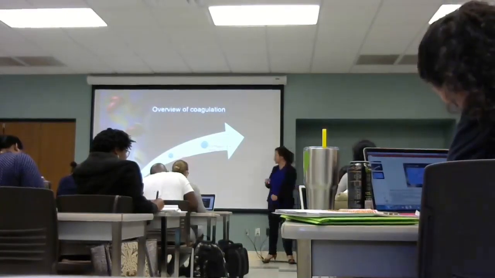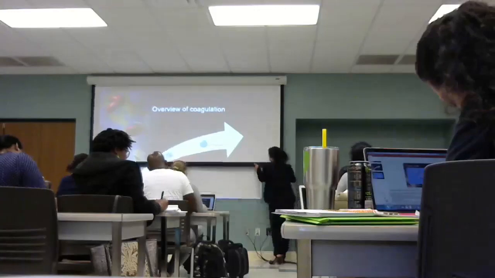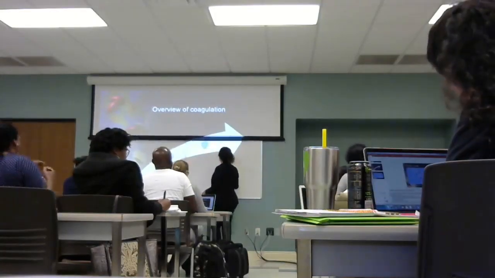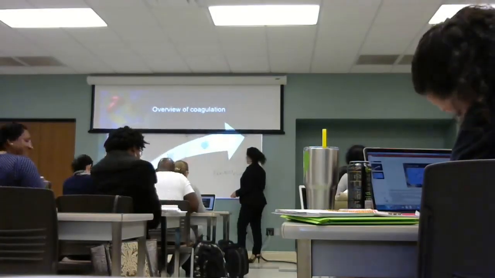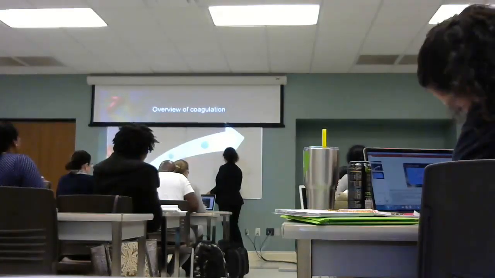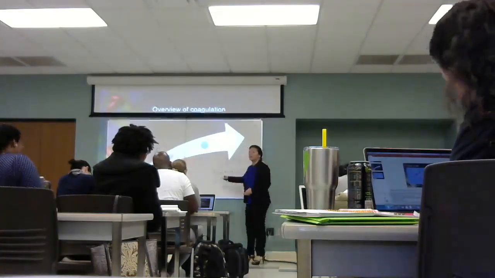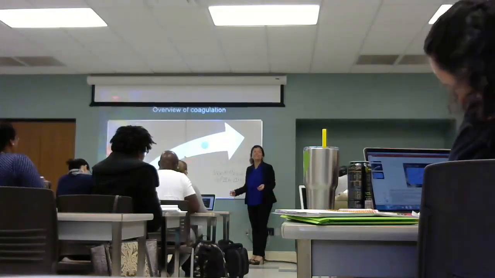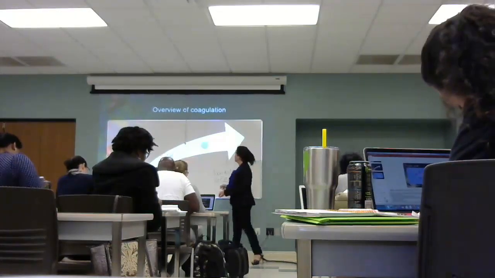And those 2 factors, you have a good memory, is von Willebrand factor and glycoprotein 2B3A. And if any of those or both are deficient, the platelets cannot aggregate and the patient will bleed. Okay? 2B3A.